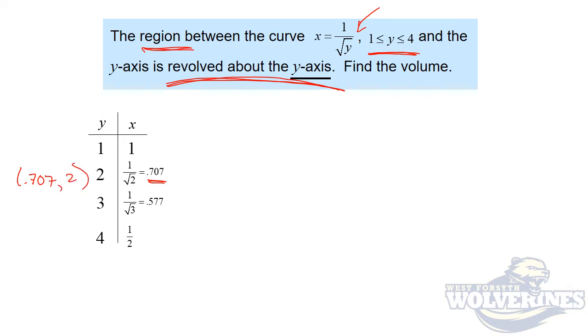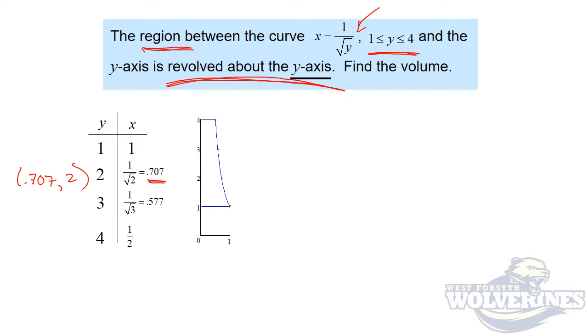If I'm thinking (x, y), it's 0.7 and then 2, right, 0.57 and then 3, and then 1/2 and then 4. Long story short, it's going to look like this. So I've got my (1, 1), then I've got about 0.7 and then 2, about 0.57 and then 3, and then about 1/2 and 4.